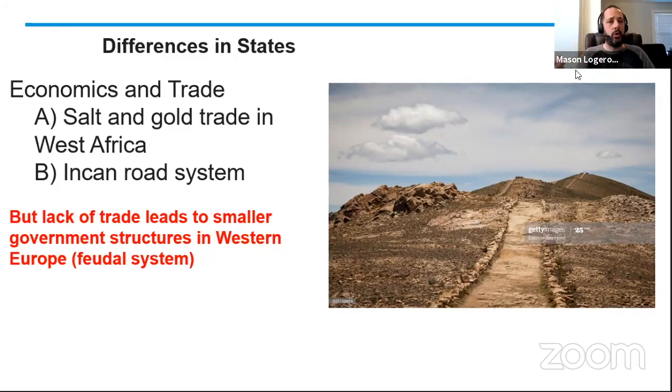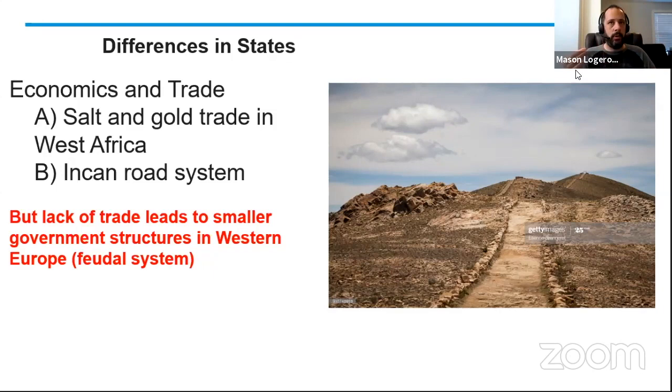And part of that was to keep control for the government, but also a lot of it was to help facilitate trade across the empire. Again, the more stuff that gets bought and sold means more tax money for the government.